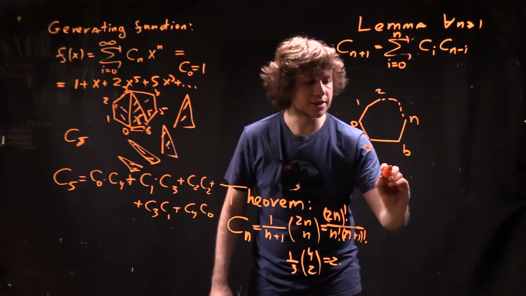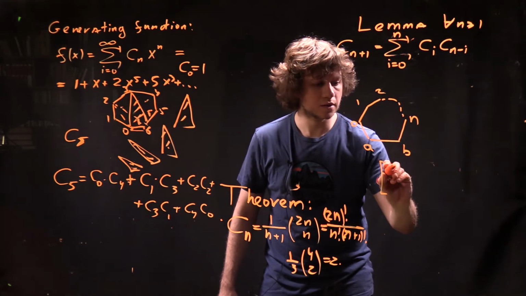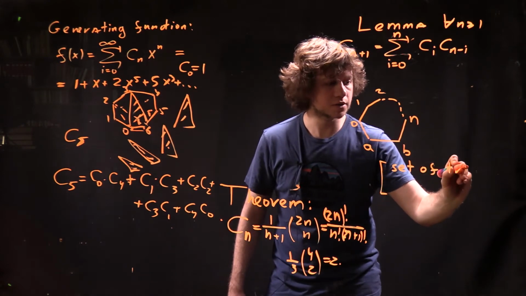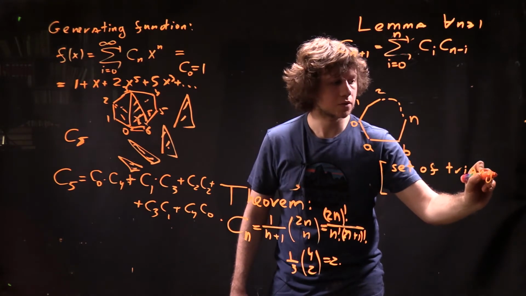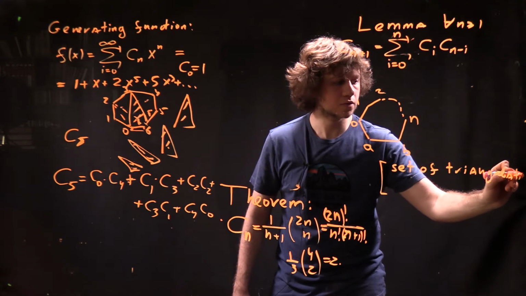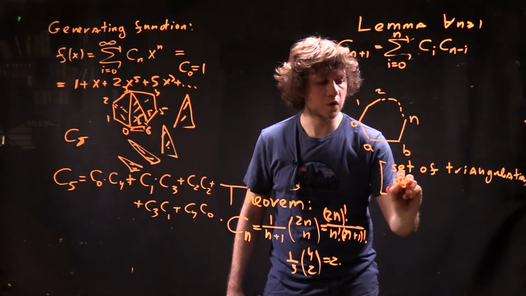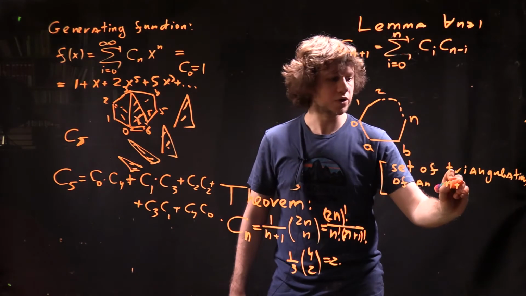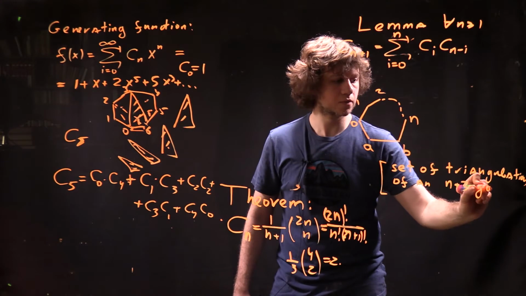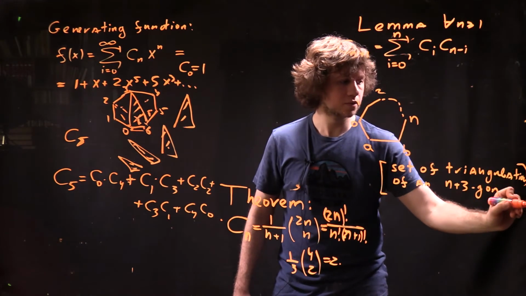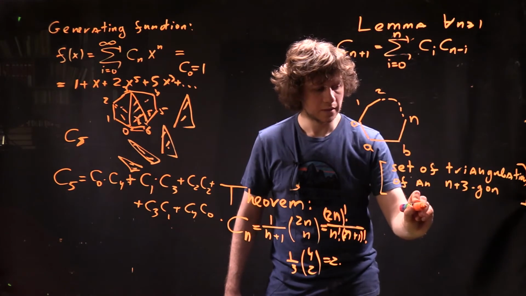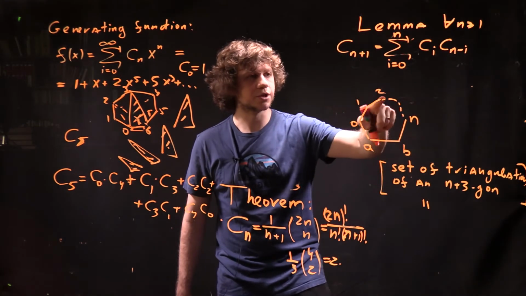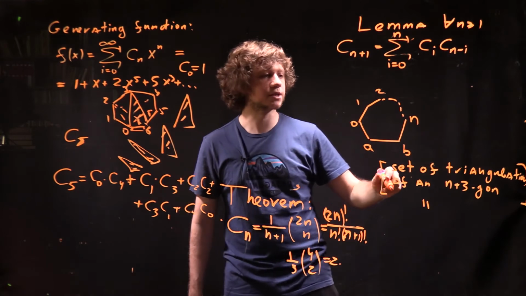So my one set is a set of triangulations of an n plus 3 gon, and so this is the set of triangulations, just something with this cardinality.